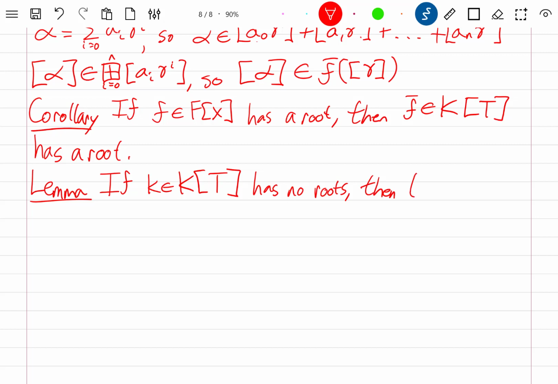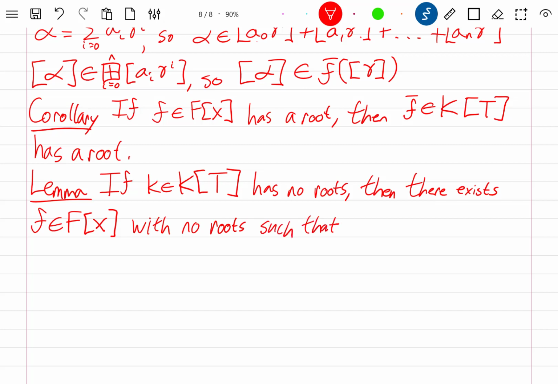Then I can find a polynomial f over the corresponding field with no roots, such that if I look at the induced polynomial of f, this is now a polynomial over a hyperfield, it is equal to k.